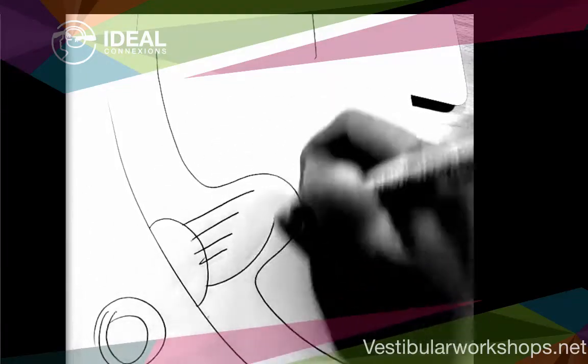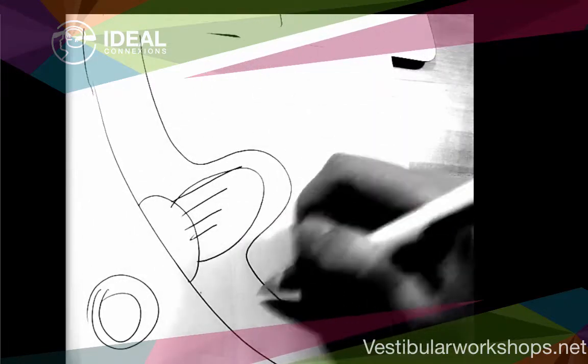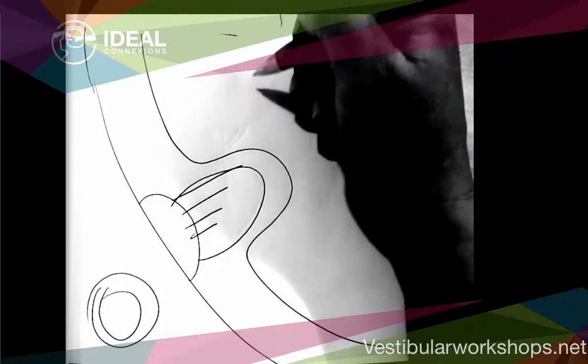Okay, so let's talk about receptors. So basically we have a canal. But if you look at just one subsection of it, it's pretty much a specialized set of hair cells in jelly. And when it moves one direction or the other, these hair cells will move and deflect. So they look like this.